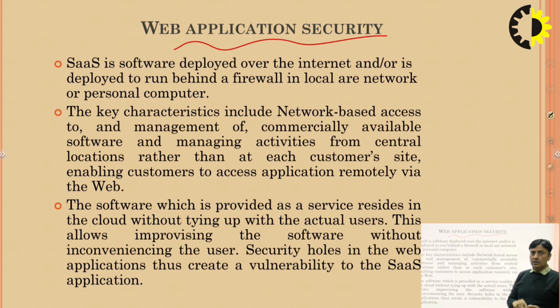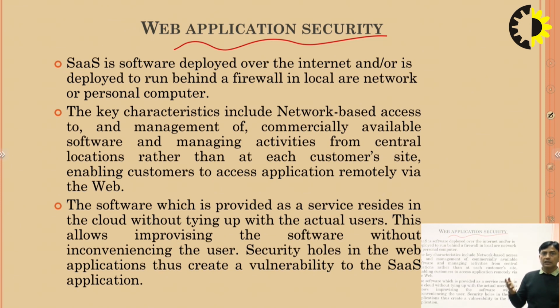Next is web application security. SaaS is basically software, as you know, deployed over the internet or deployed to run behind a firewall on a local network or personal computer. The key characteristics include network-based access to and management of commercially available software, and managing activity from a central location rather than at each customer site.